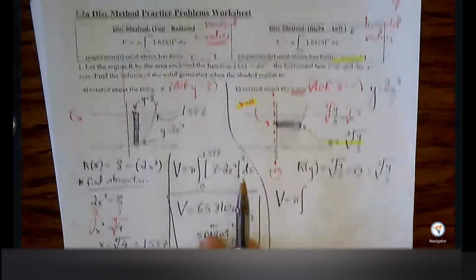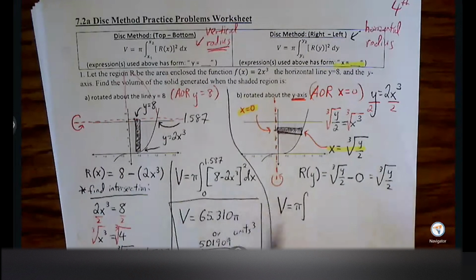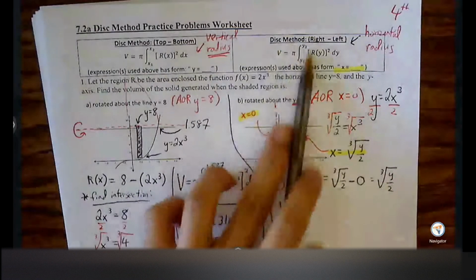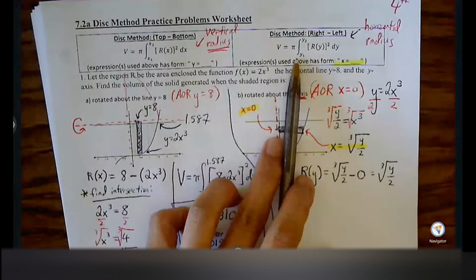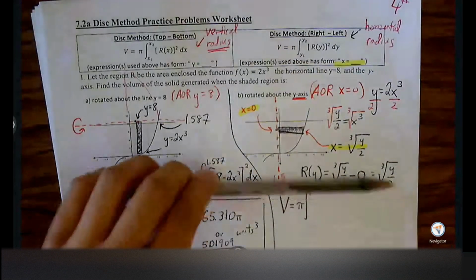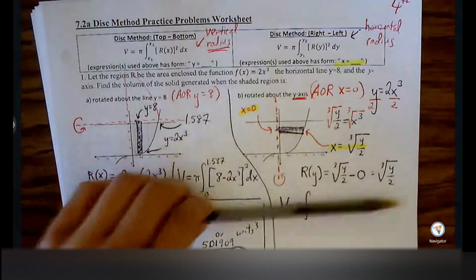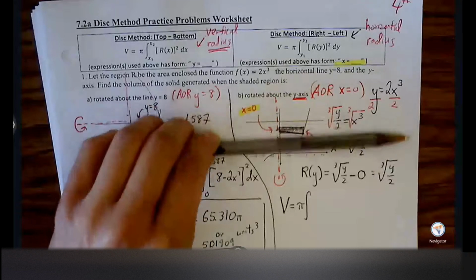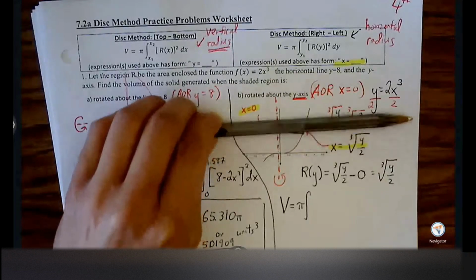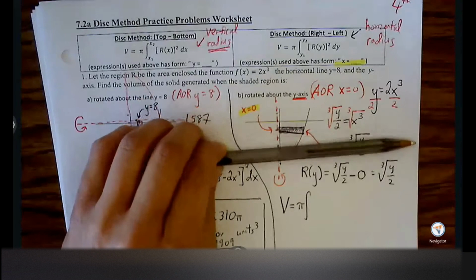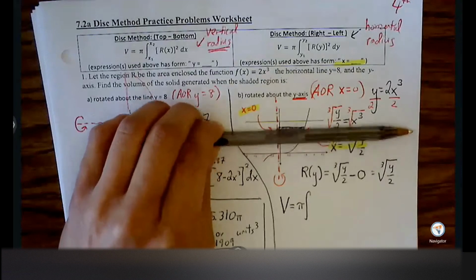We're no longer going to be able to use those boundaries for this version of the formula, right? If you look, now we need y values. So we're stacking these disks a little differently. We're stacking it above and below. So they're all going to be stacked in this orientation. So we're going to stack all the way from the very bottom to the very top.